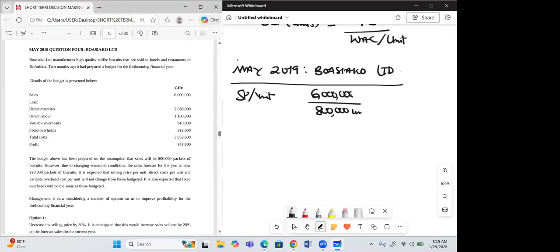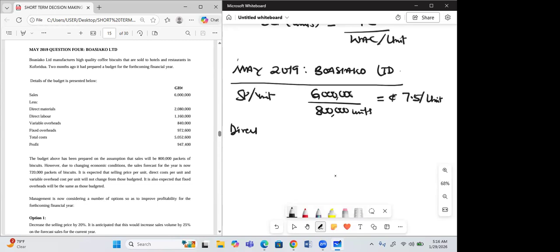So what will the selling price be? 7.5. It will be 7.5 per unit. Then direct materials per unit. We are going to flex the budget, so calculate everything per unit.